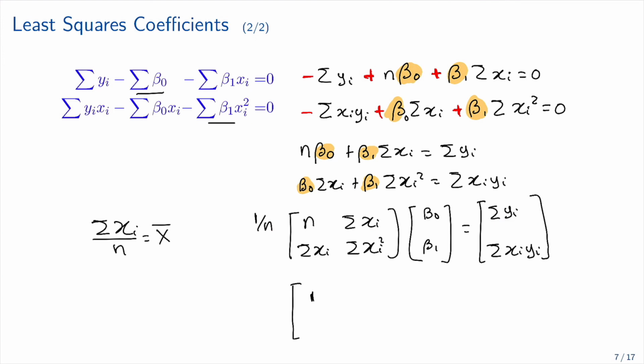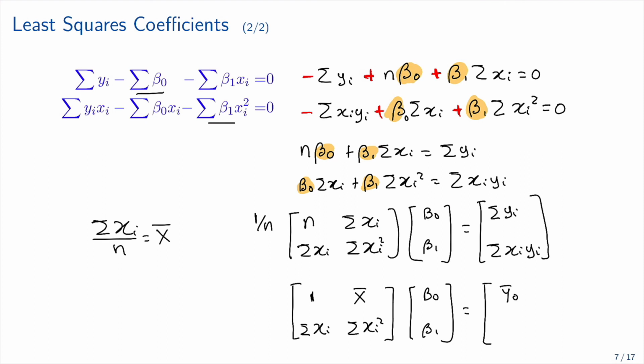So we have 1, the mean of x. The second row, I'm going to leave it the same way, the sum of xi, the sum of xi squared. So we have beta 0 and beta 1, this one doesn't change, and the right hand side will be the mean of y, and the second row doesn't change, the sum of xi yi.